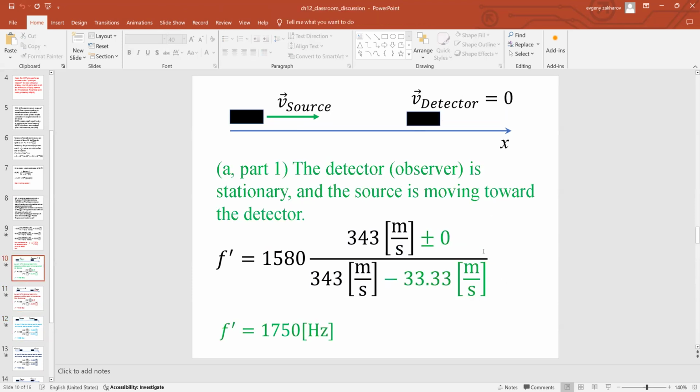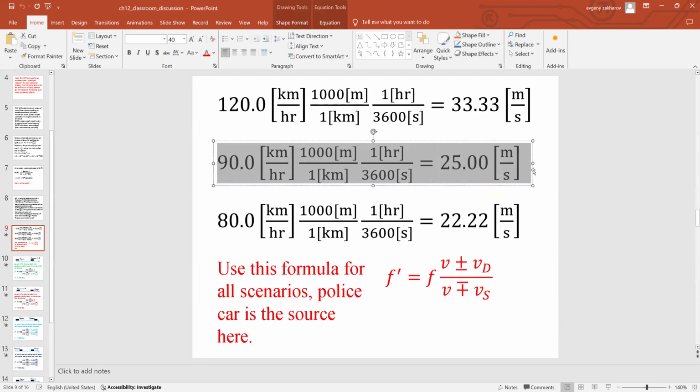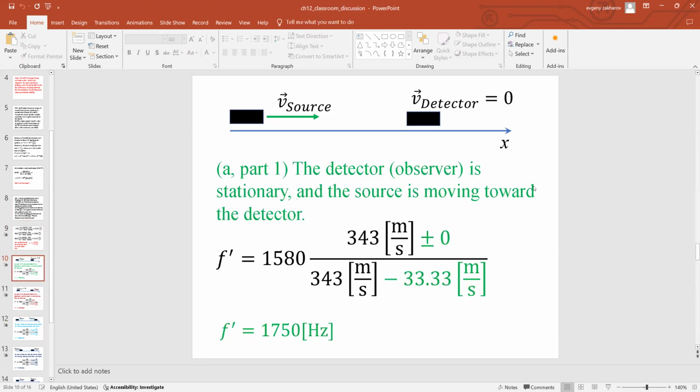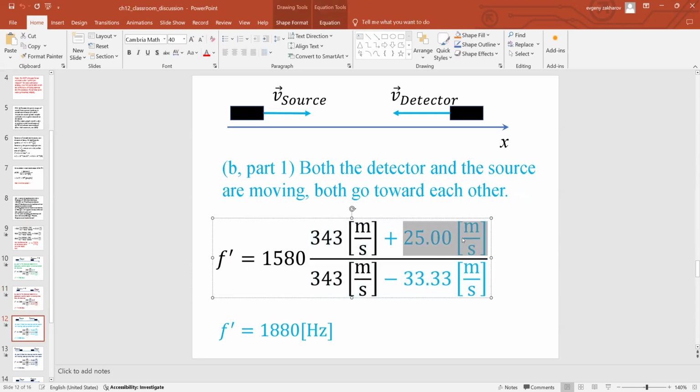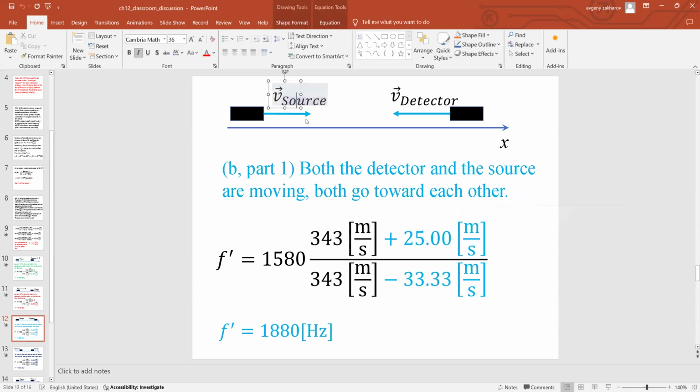The detector is going at what? 90, and we converted 90 as 25 meters per second. So plus 25 meters per second. Now for the source, what do we see? The source is also moving towards the detector, right? You have the cop, and the cop is moving towards the car.